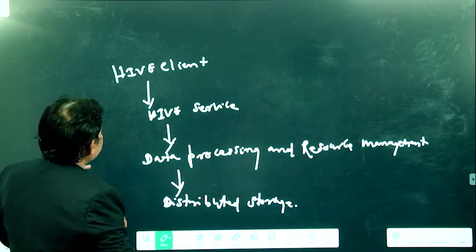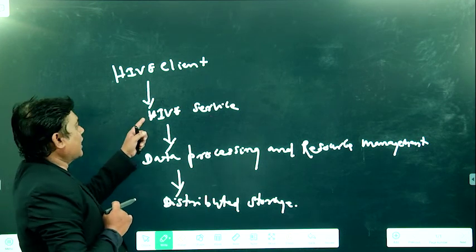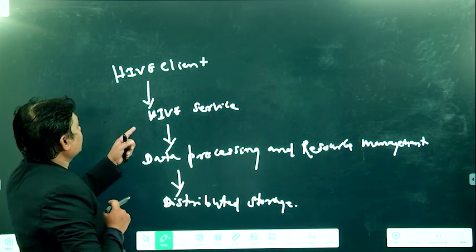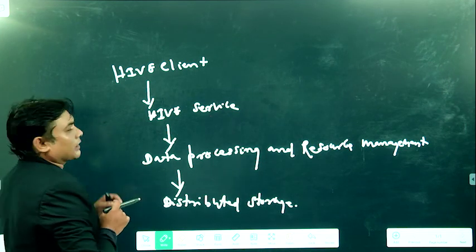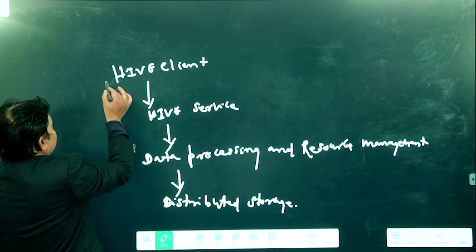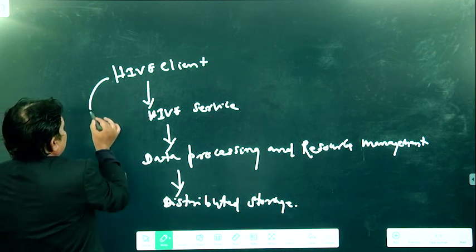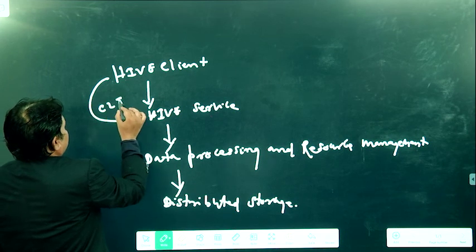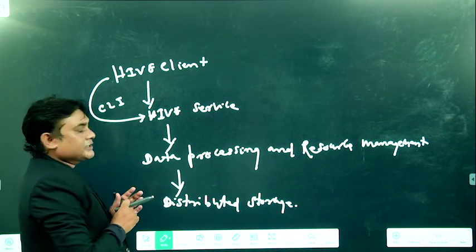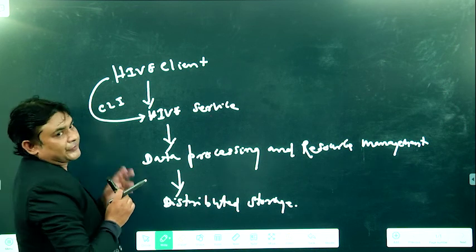Now, what is the Hive client? If you want to interact with the Hive server, or if you want to avail the services of Hive, you should have the Hive client, right? It means you are going to interact with the Hive service through the command line interface, which is called CLI. CLI means command line interface.